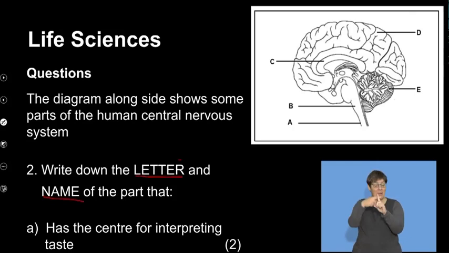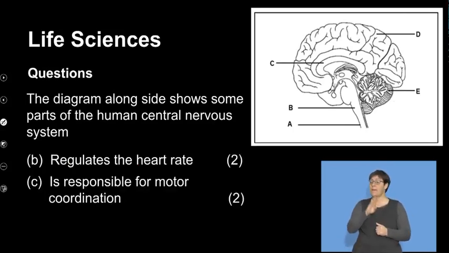Remember, you'll get a mark for the letter and a mark for the name. 2A: give the letter and the name of the part that has the center for interpreting taste. Number B, the part that regulates the heart rate. Number C, the part that is responsible for motor coordination.